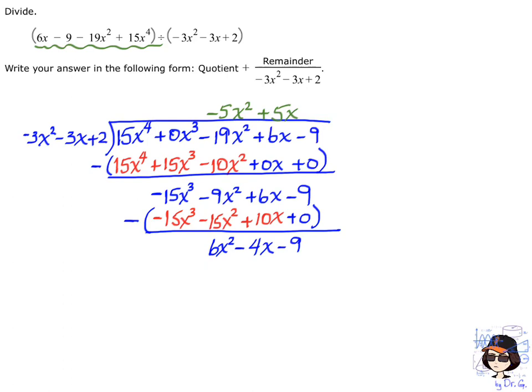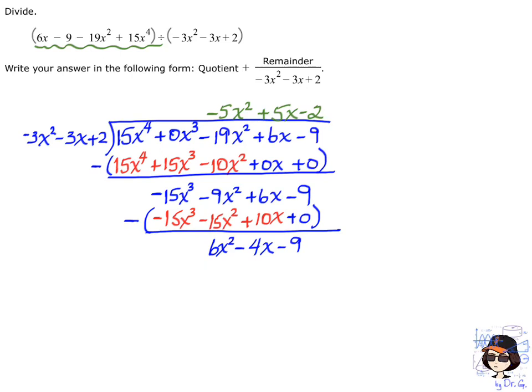So now we do it again. Looking at the leading term, 6x squared divided by negative 3x squared. So 6 divided by negative 3, positive divided by negative, is going to be a negative 2. And x squared divided by x squared is just 1. So the quotient there is negative 2.